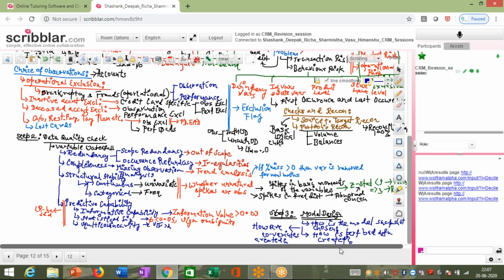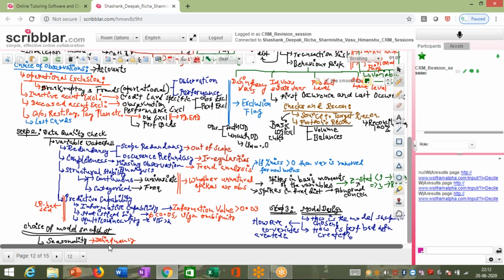One very easy way is to use the autocorrelation function, the ACF, and the PACF curves or plots to assess the seasonality.